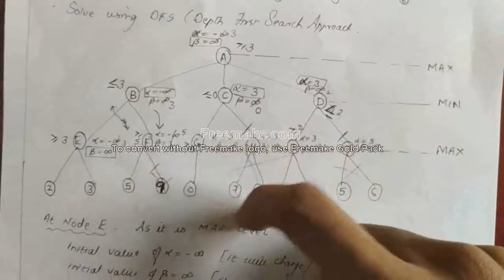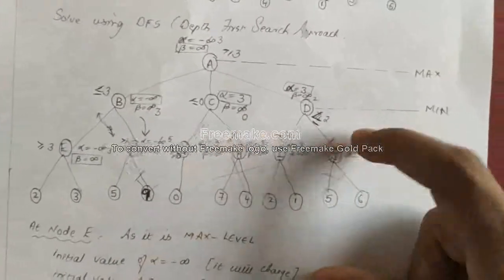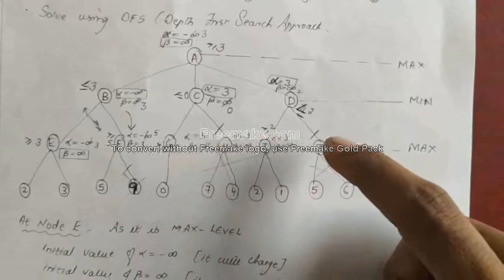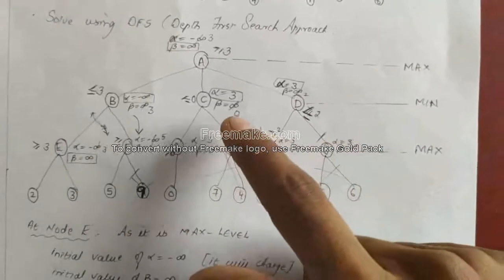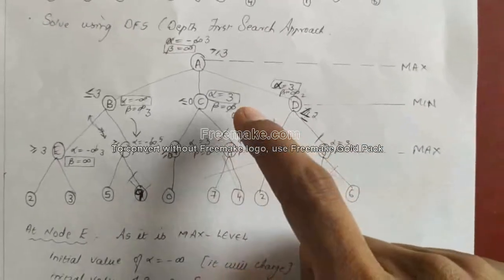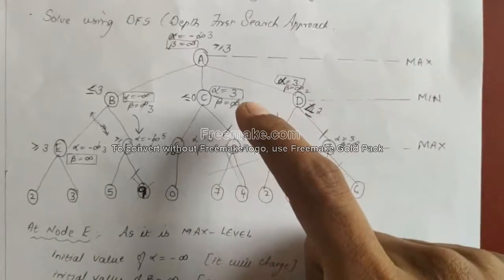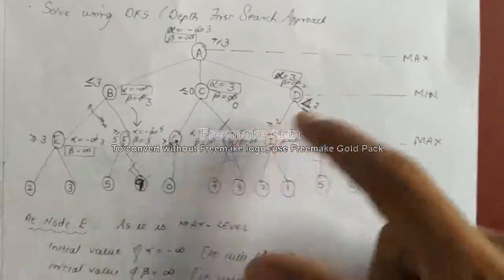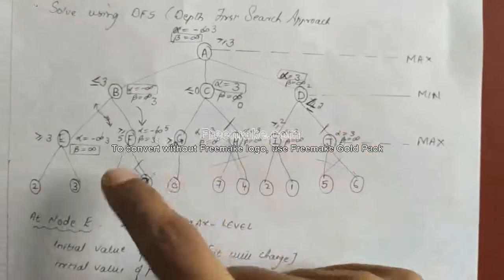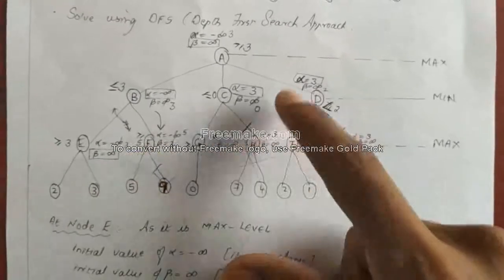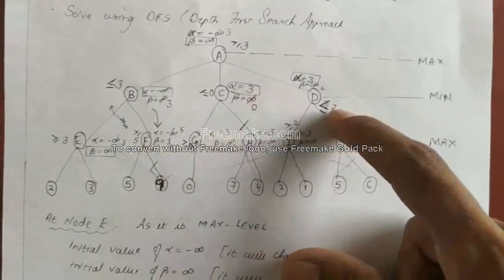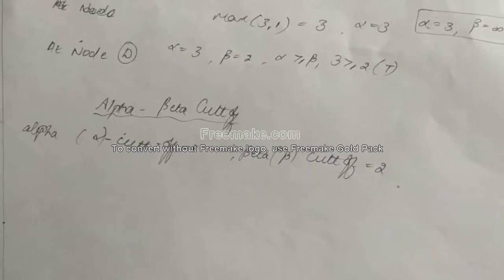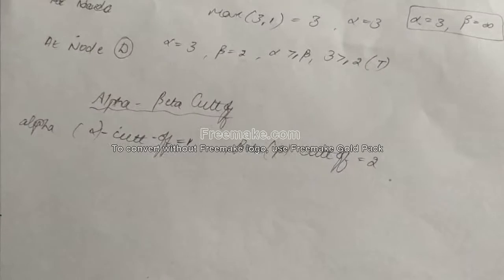So the main nodes which are disconnected and not being considered for exploring for min and max values. According to this example, the beta cutoff is equal to 2, that is 1 and 2. Here it's just 1, and here we are not considering two structures. That's all for the alpha beta cutoff.